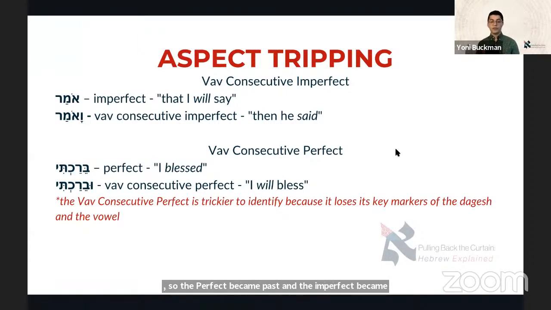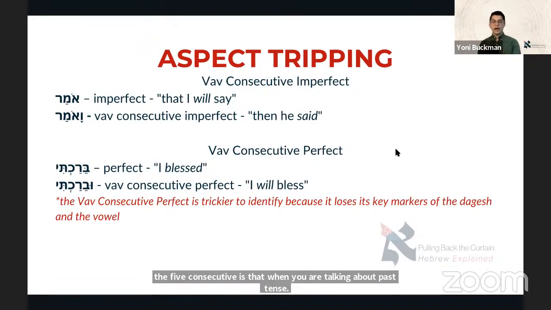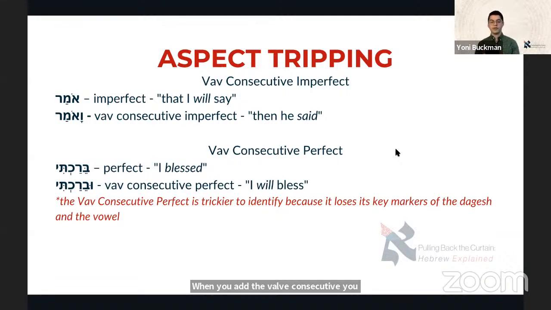And so what we find biblically when we use the Vav consecutive is that if we're talking about the past, you switch from perfect to imperfect with the Vav. So here, I use this example, the word Omar is imperfect, right?